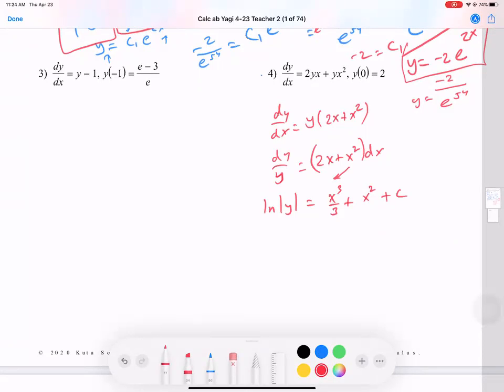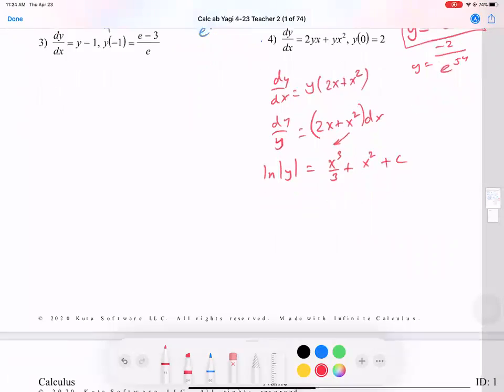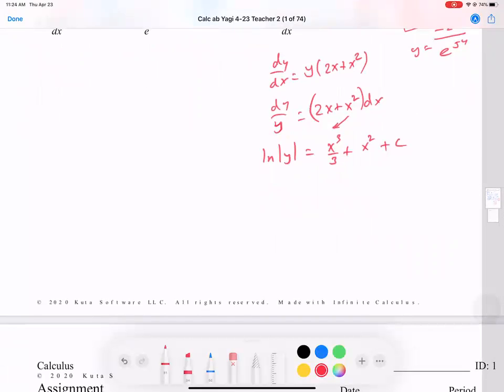All right. So from this point, we're going to go ahead and solve for y. So we have to get rid of that natural log. So let's go ahead and e both sides. We're left with absolute value of y is equal to e to the x cubed over 3 plus x squared plus c. What do we see about what we're going to do with this plus c here?